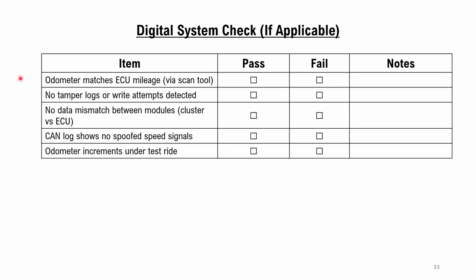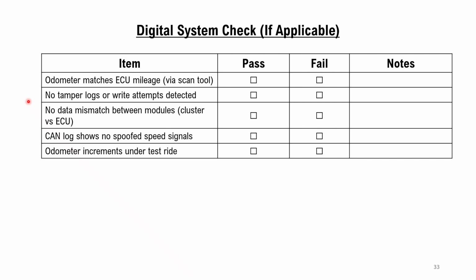For the digital check, if applicable: odometer matches ECU mileage via scan tool. If it matches, it is a pass. No tamper logs or write attempts detected; if so, it is a pass. No data mismatch between modules, that is cluster versus engine control unit; if it matches properly, it is considered a pass.